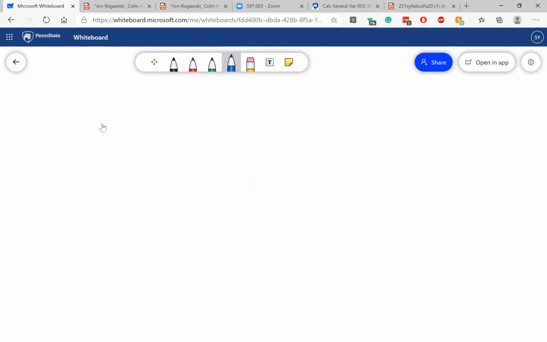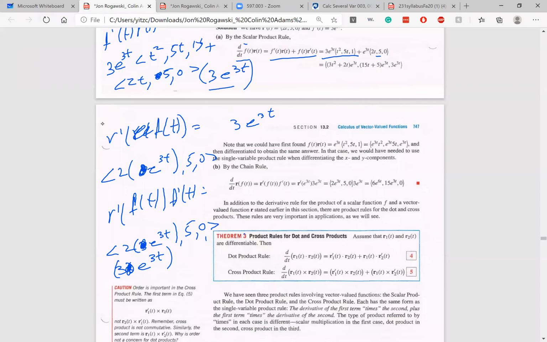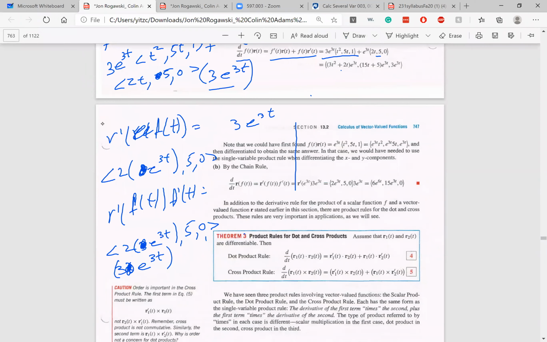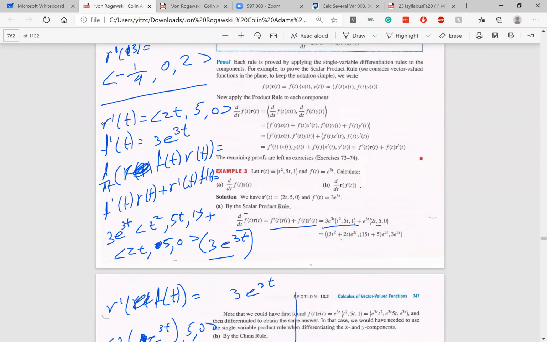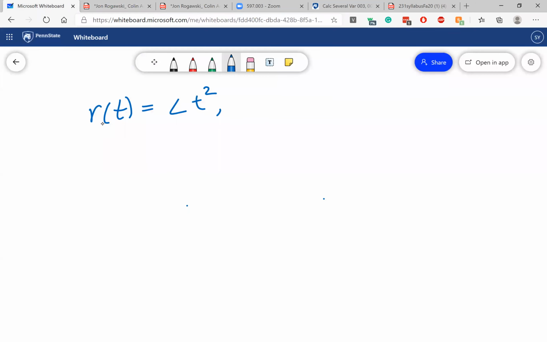we had that r of t was equal to t squared, 5t and 1. And f of t was equal to e to the 3t.